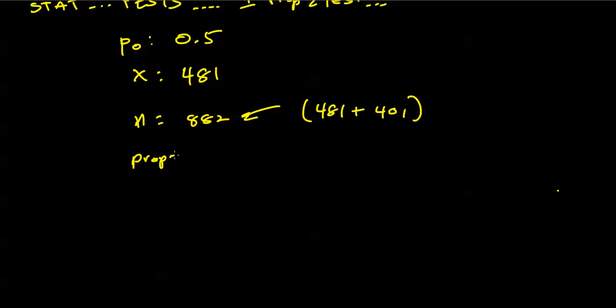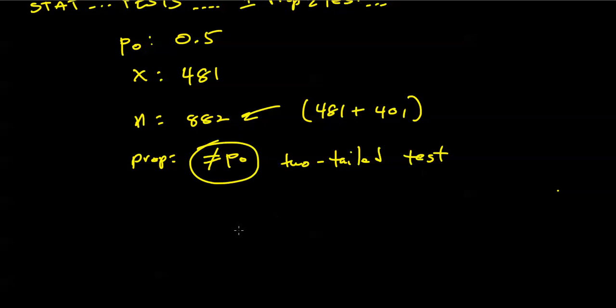And now in the last, I have to select the type of test. So highlight and select not equal to P sub 0 because we are talking about a two-tailed test here.